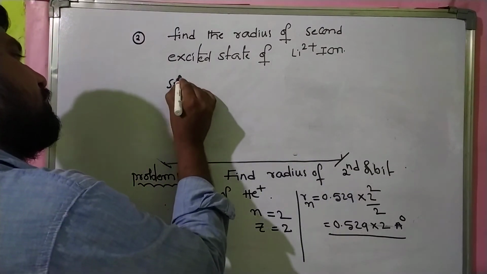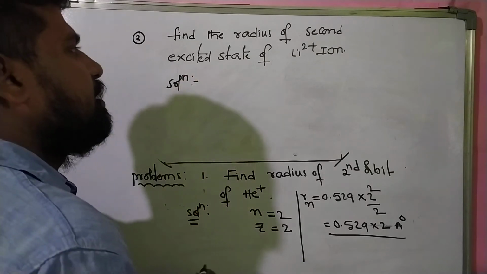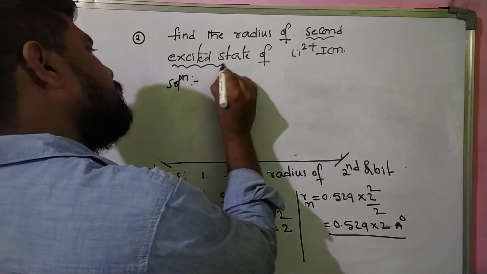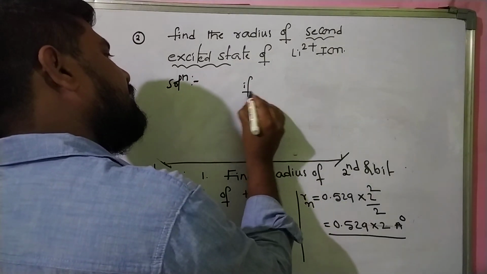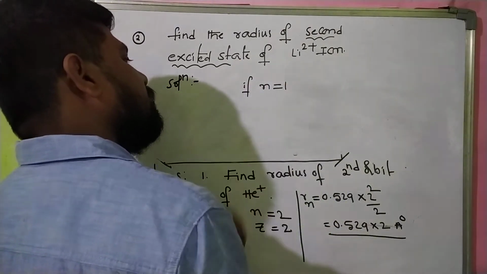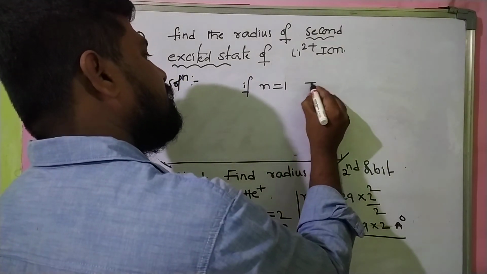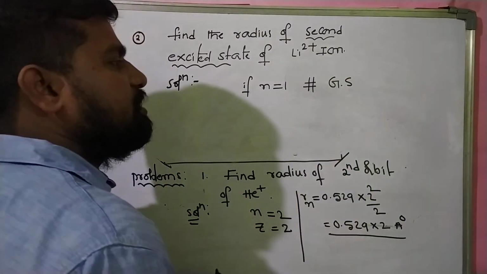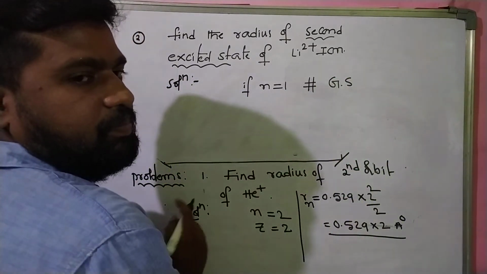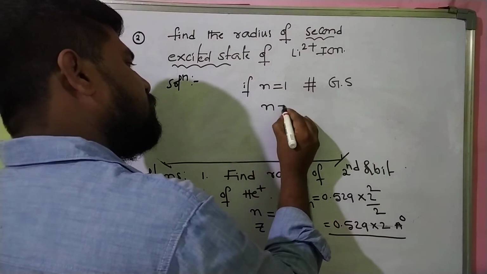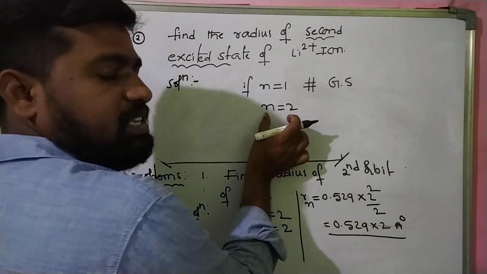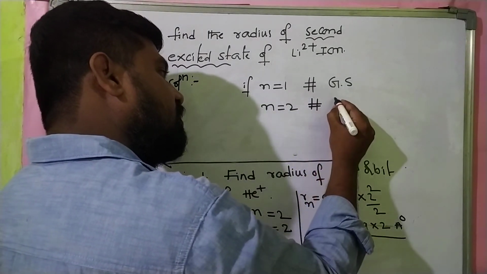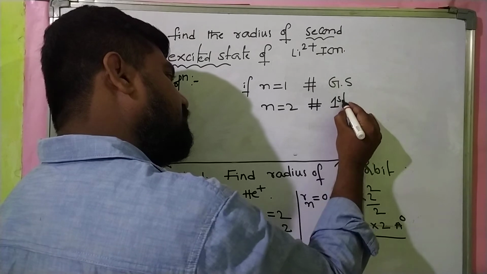Now for solution, listen. What is called second excited state? If n equals 1, it is called ground state. Ground state means n equals 1, first orbit. If n equals 2, second orbit, it is called first excited state.